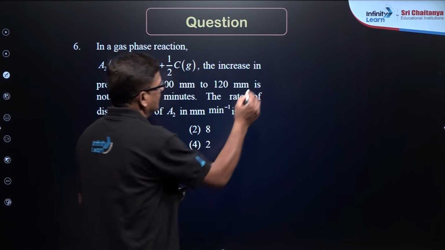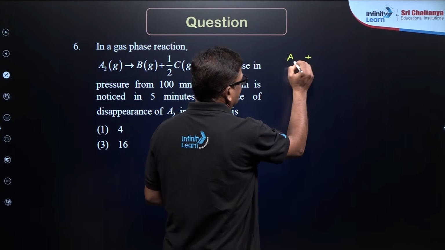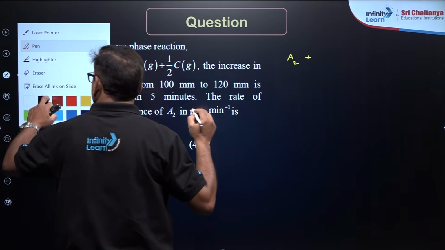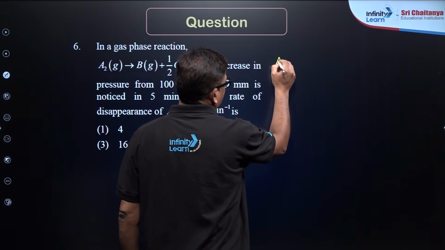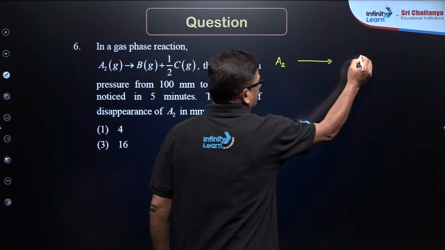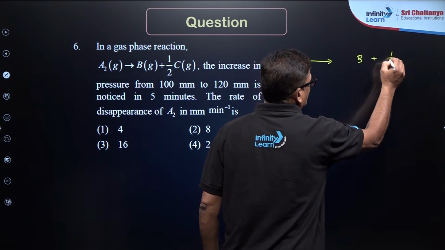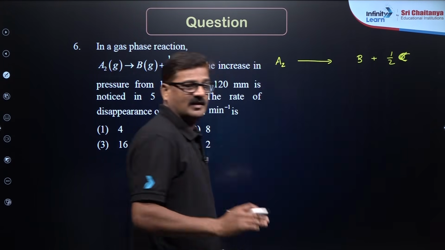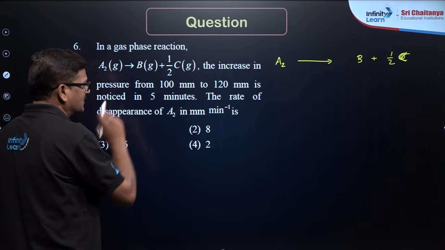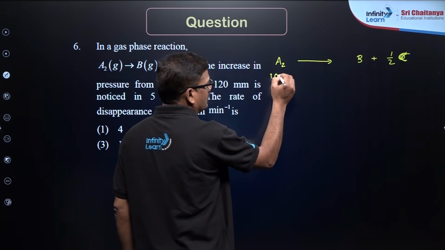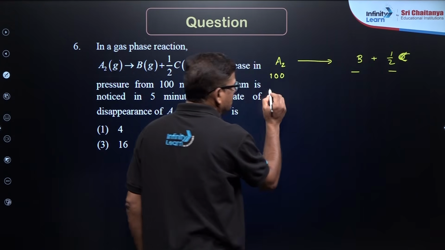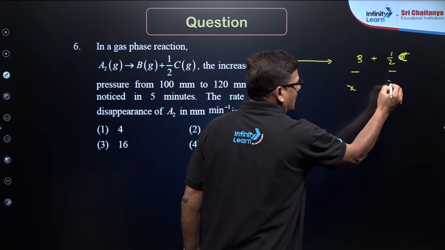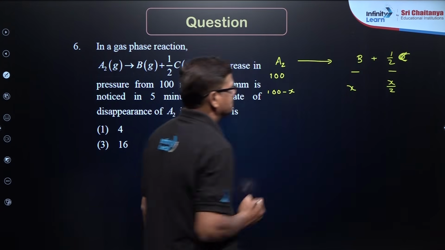It is given that A2 is a gas that gives rise to B plus half C. All are in the gas state. Initially it is taken as 100, and at time t, let us say 100 minus x, it is going to be x, and it is going to be x by 2.